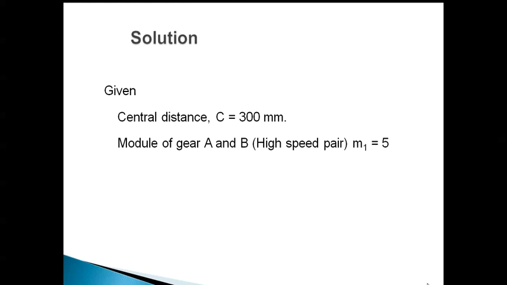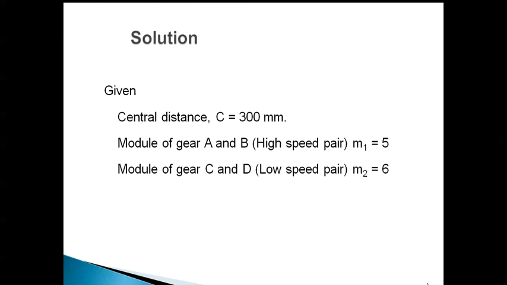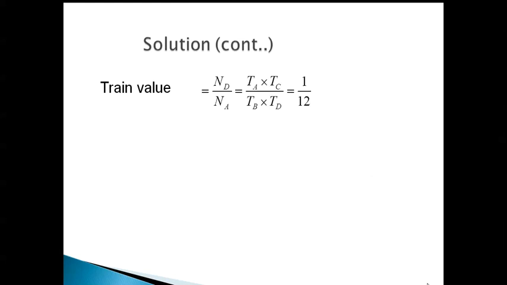Modules are given, that is M1 equal to 5 for the first pair A and B, and for C and D, M2 is 6. So now TA and TC are equal. Train value equal to ND by NA equal to TA into TC by TB into TD, that is 1 by 12.